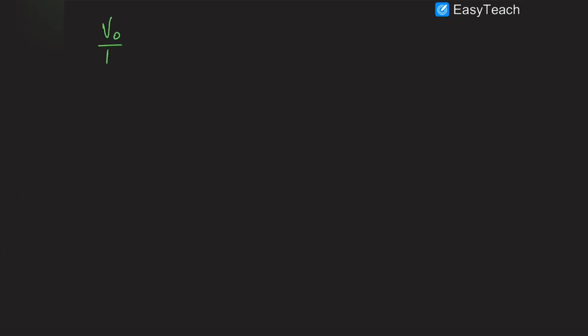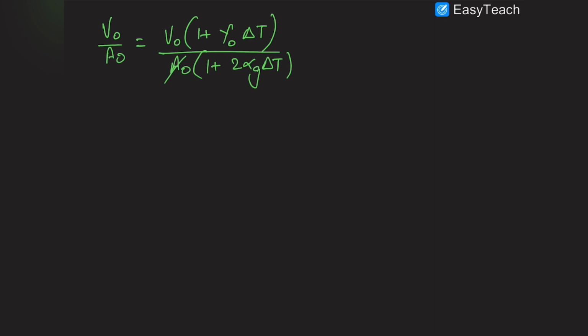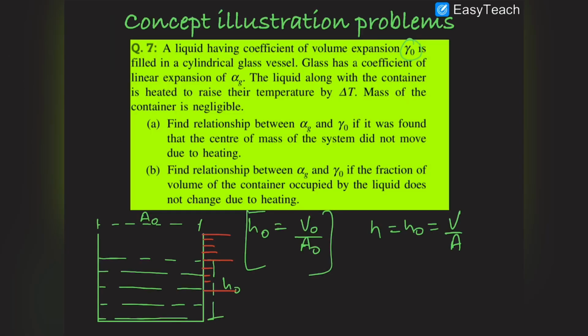So V naught by A naught should be equal to V by A. V is the volume of the liquid, so V would be equal to V naught times 1 plus gamma naught delta T, and A is the area of cross section of the vessel, so it would be equal to A naught times 1 plus 2 alpha g delta T. Cancelling, you can see that 2 alpha g is equal to gamma naught.